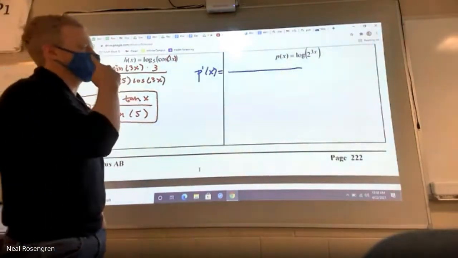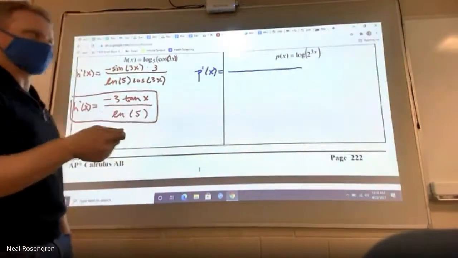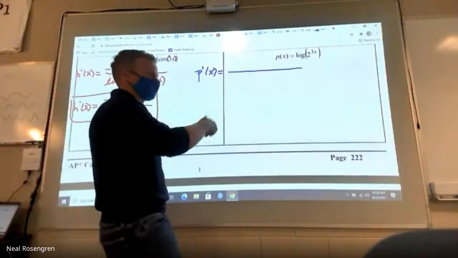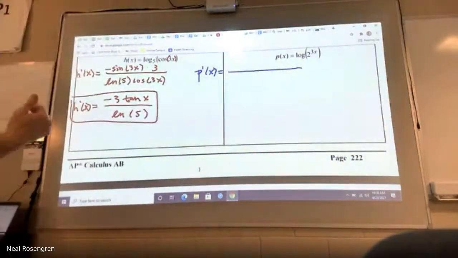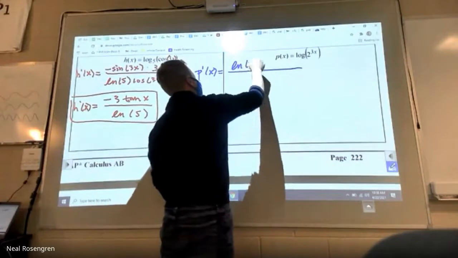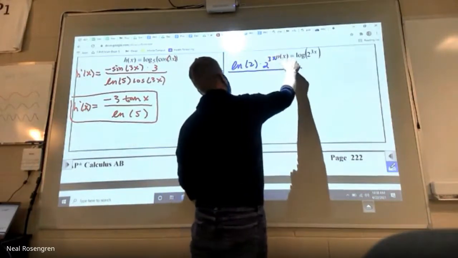So up top goes the derivative of the inside. And the derivative of the inside with that exponential is going to take those 3 pieces. This is looking back a couple pages, back to 220, and saying I have to find the derivative of 2 to the 3x, because it's a base that's not e raised to a power that's more than just x: ln of the base, original function, derivative of the x.